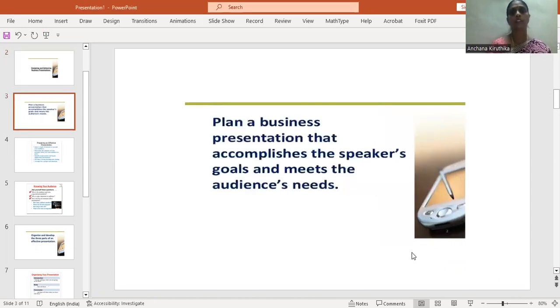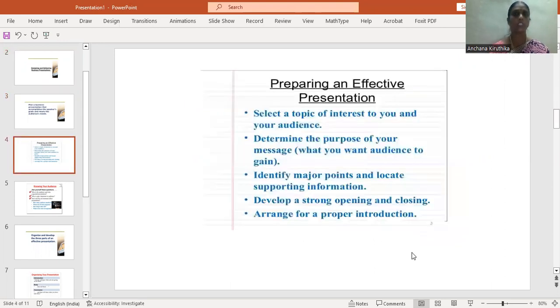So before planning the business presentation, that plan should keep the speaker's goal. It should accomplish the speaker's goal, as well as meet the needs of the audience. So we have to plan our business presentation accordingly.